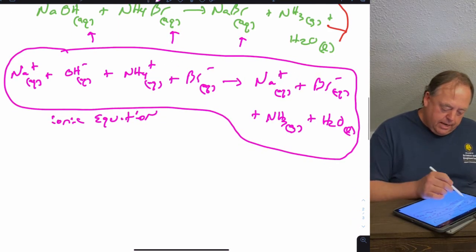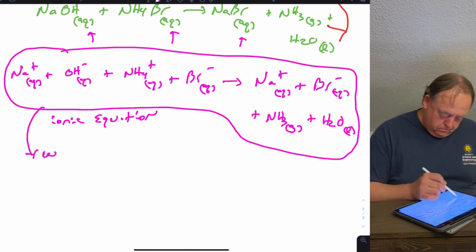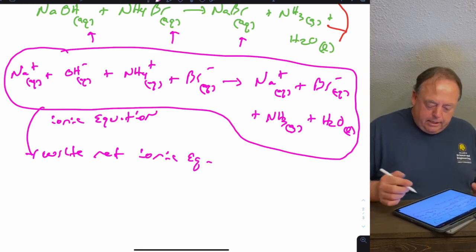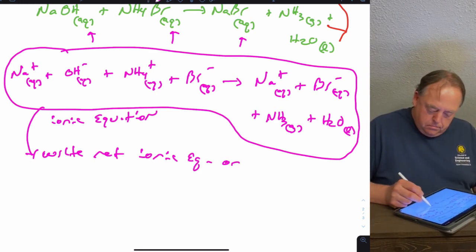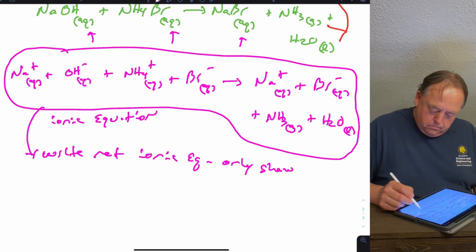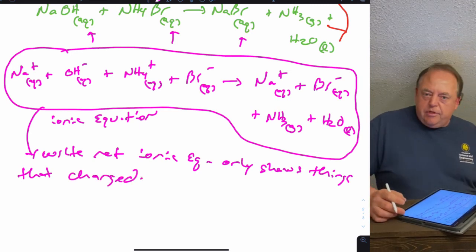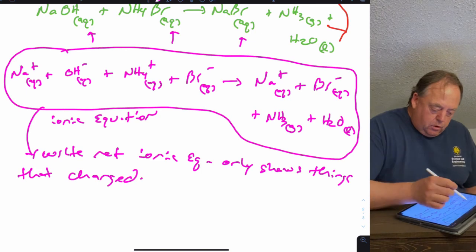And so now we can take that and write the net ionic equation, and that's only going to show the things that changed. So what did not change?